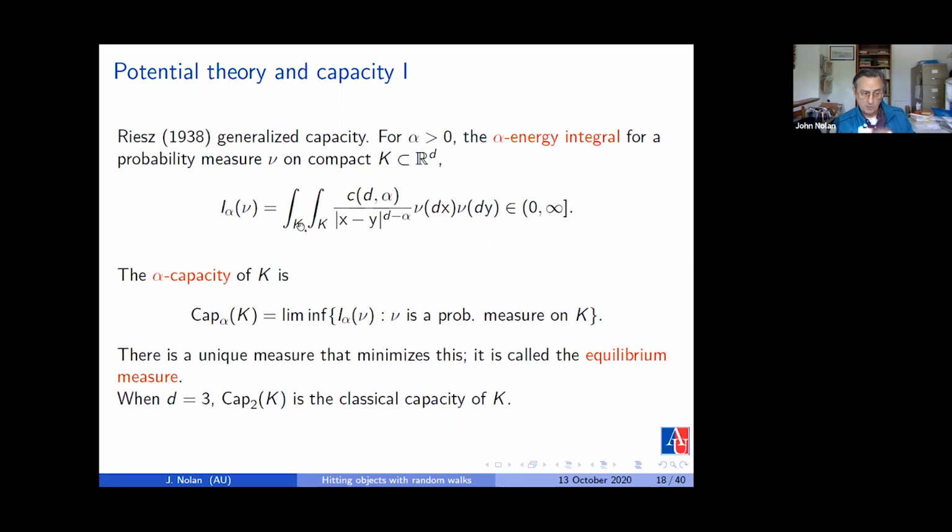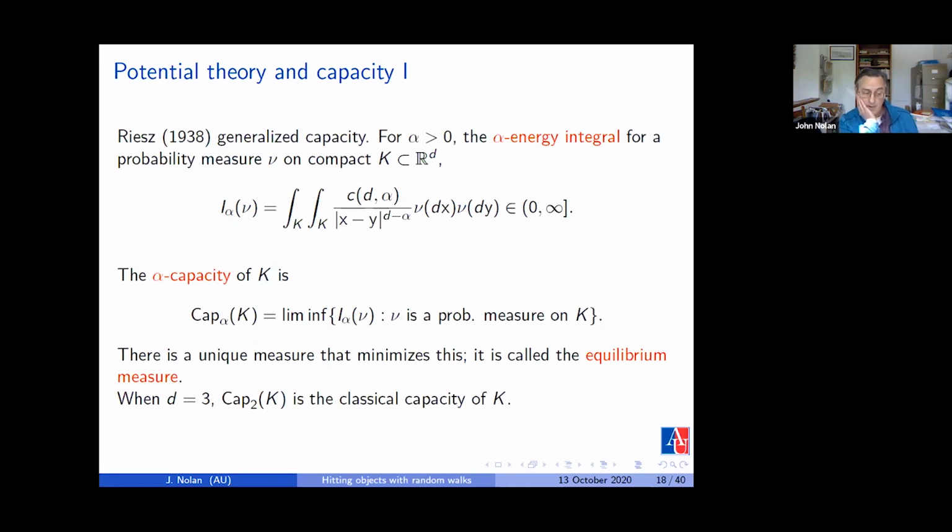So we take the double integral over the cross product of K with itself, and we integrate this kernel, 1 over |x minus y| to the d minus alpha, against the product measure for the measure nu. And then there's a constant up above. Different people choose different constants. This is the main idea. Okay. The alpha capacity is the infimum of the alpha energy integrals over all probability measures on K.